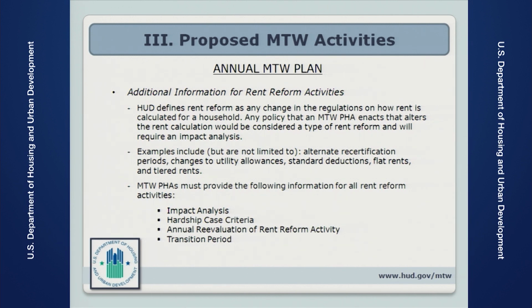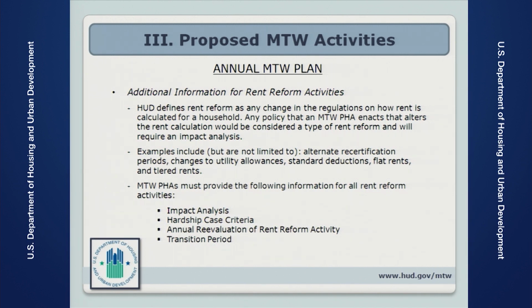Finally, we wanted to cover the additional information on rent reform activities. Again, this is similar to the prior 5900. We define any rent reform activity as a change in the regulation on how rent is calculated for the household. So any policy that's going to affect what the tenant is paying as their rent or tenant contribution.